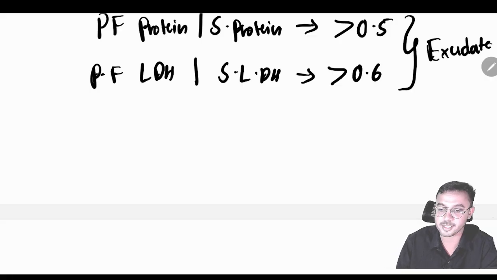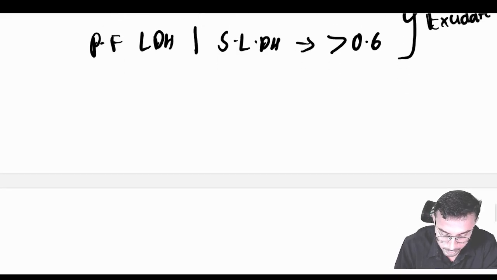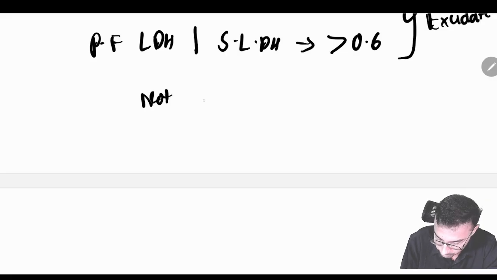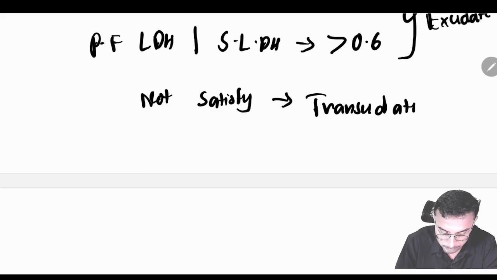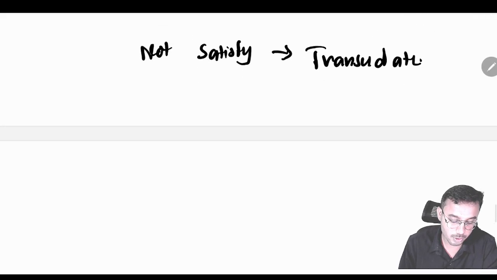Understood? If protein is 0.5 and LDH is 0.6, that indicates exudate variety. If the above condition is not satisfied, it indicates transudate variety. So this is about Light's criteria used in pleural effusion.